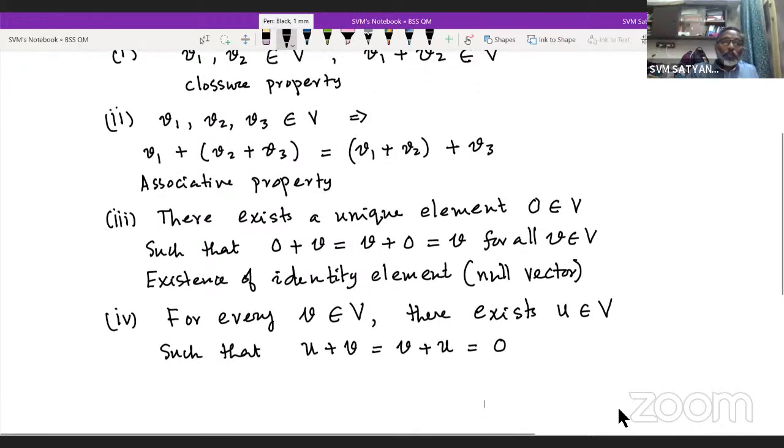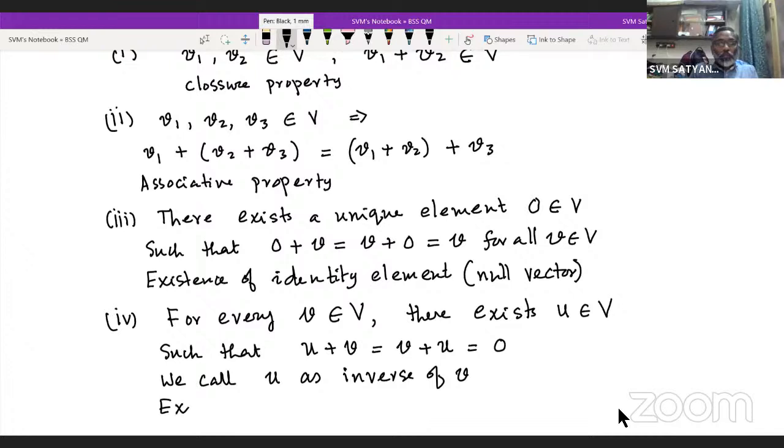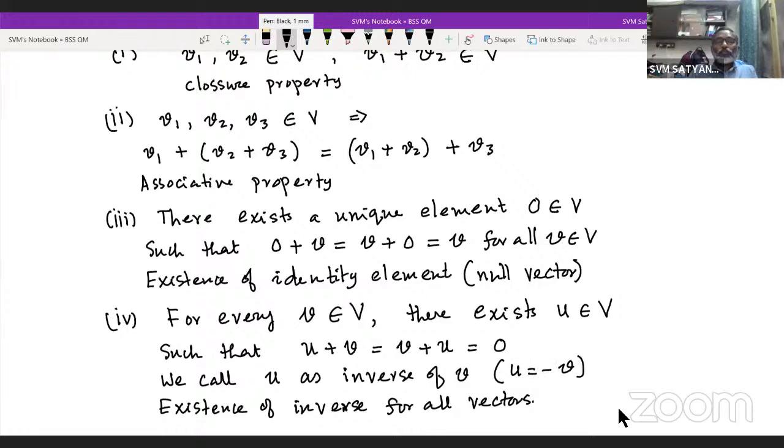And we call u the inverse of v. So this is the property called the existence of inverse for all vectors. Sometimes we call u as minus v. So this is the fourth property.